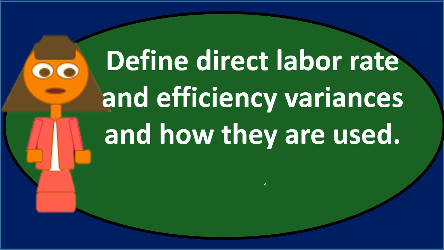In order to put together the budget or to put together the standards, we came up with a standard rate, and we want to say, okay, is our standard rate in alignment with the actual rate, and how much of that difference, whatever that difference may be, resulted in the difference in the line item for direct labor. We then do the same thing for the number of hours.